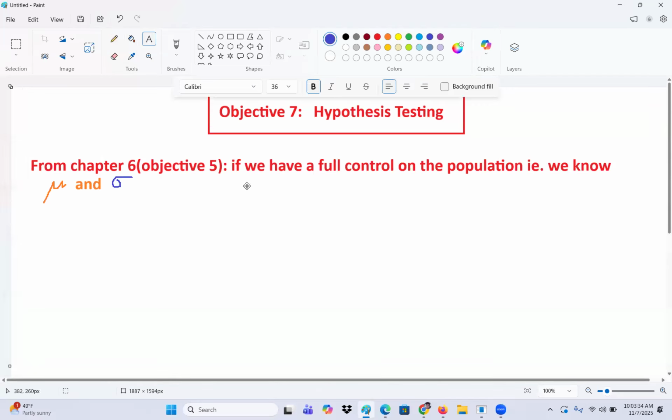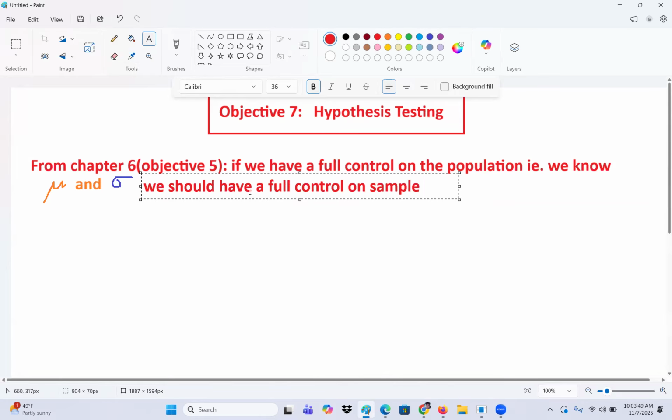We should have full control on the sample side, any sample we pick, right? And any sample we pick.